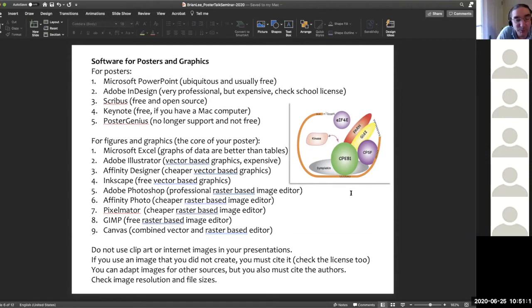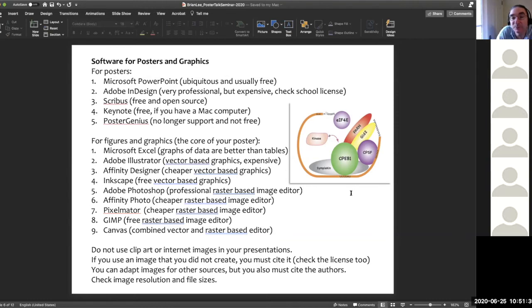The other thing you need to worry about with resolution is the file size. If you have a picture that's really high resolution, maybe 600 dots per inch, you don't need that level of resolution to make a good picture. But the drawback is that it's going to take up a lot of space.